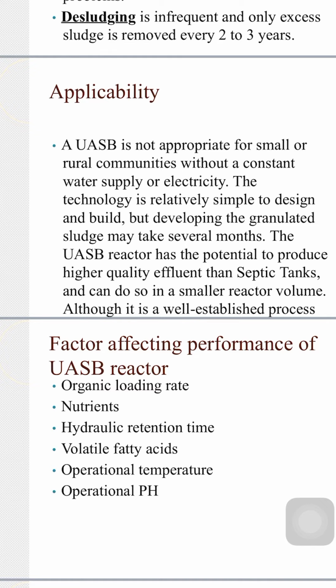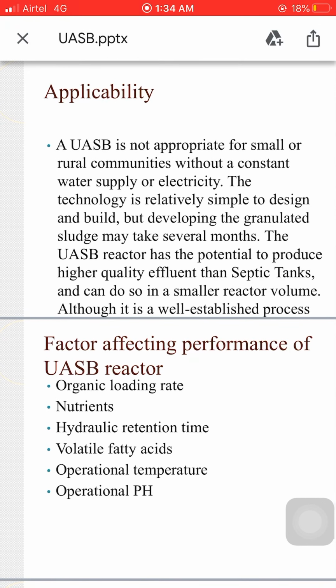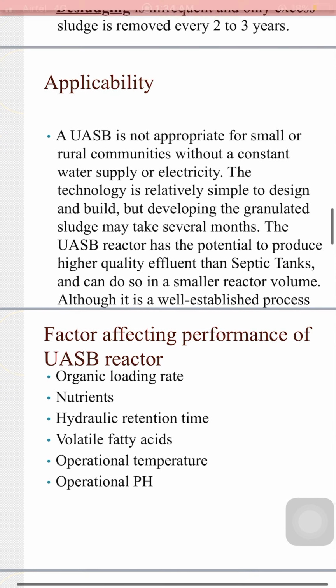The UASB reactor has the potential to produce a higher quality effluent than a septic tank, and can do so in a smaller reactor volume. Although it is a well-established process for large-scale industrial wastewater treatment, with a high organic loading rate of up to 10 kg BOD per cubic meter per day, its application to domestic sewage is still relatively new.